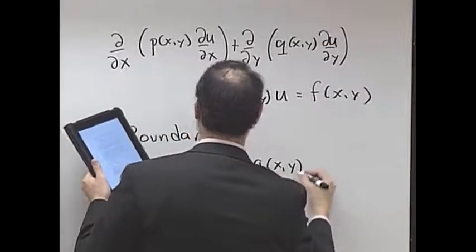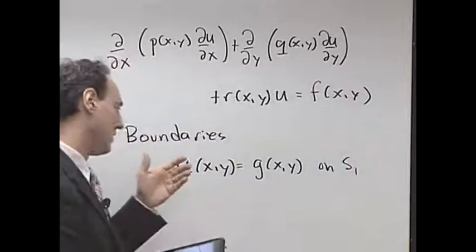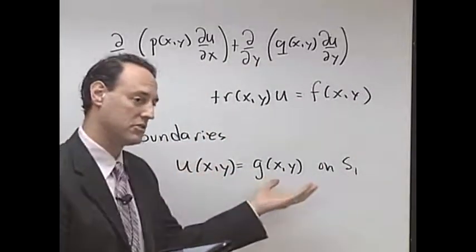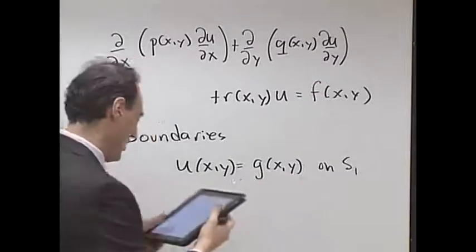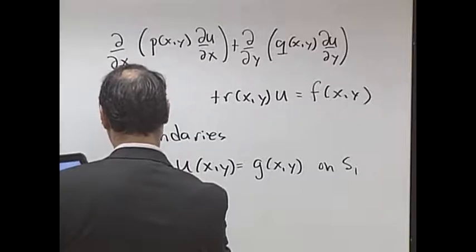Maybe on one part of the domain, I just specify that u, the field, is just some function g that I specify. But on the other part of the domain, maybe I have something more complicated.